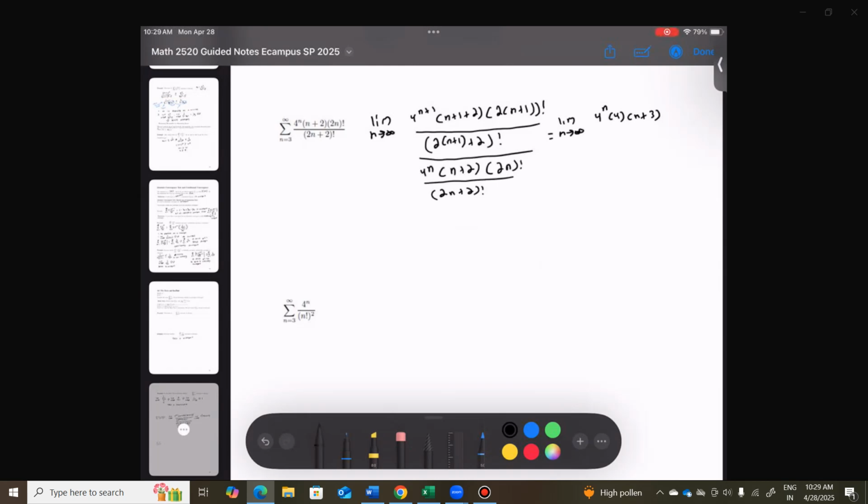And then we'll have 2n plus 2 factorial.